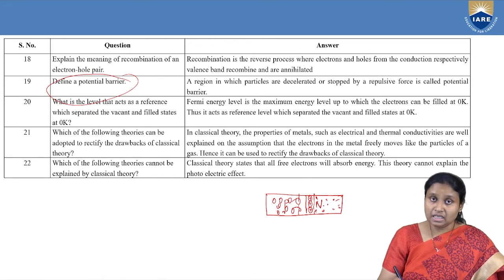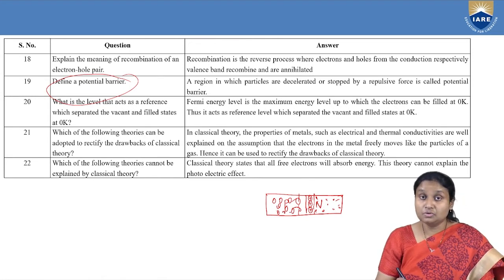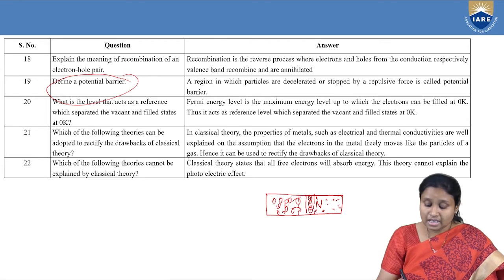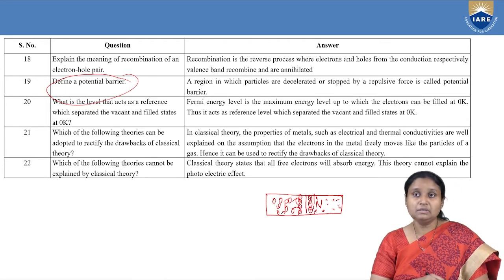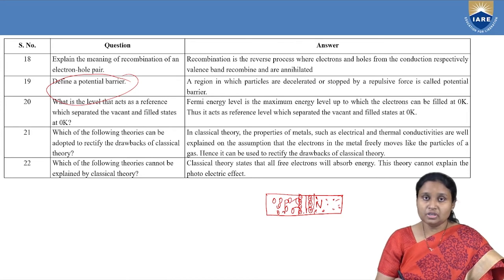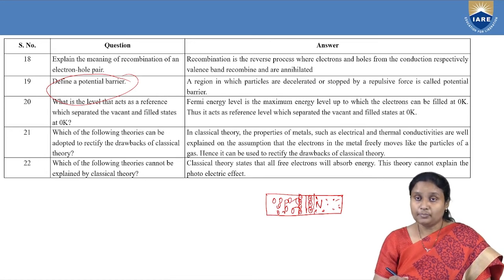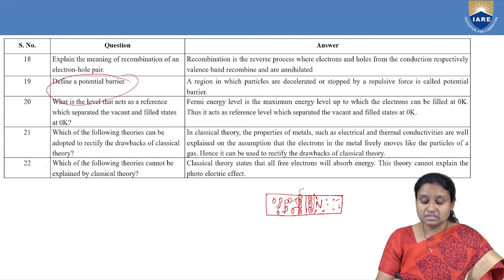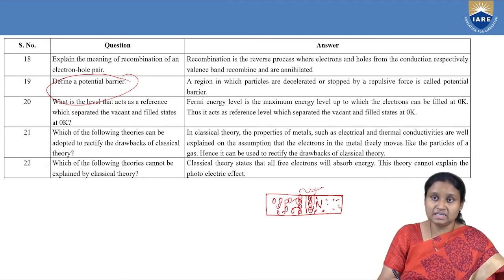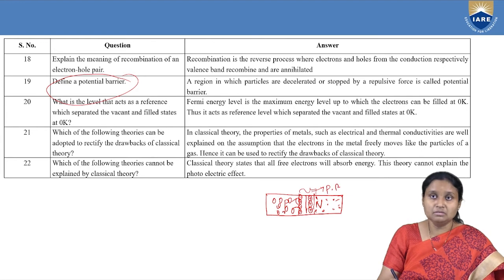Similarly, when an electron goes to the P side, it gives its energy to a hole and forms a negative, immobile ion on the P side. Because of the accumulation of these immobile ions, a potential barrier, a voltage, is created, which stops further diffusion of charge carriers. This voltage created is nothing but our potential barrier.